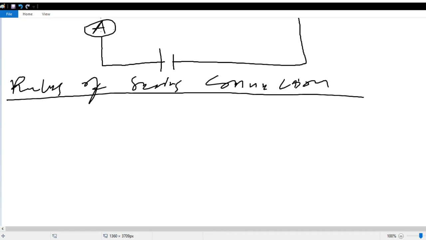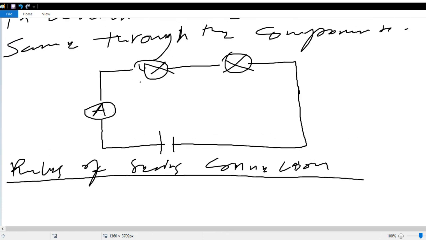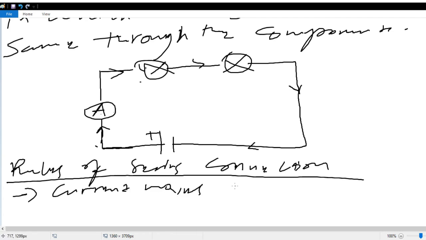If we check here on the diagram, current will be moving from positive, going this side. As you can see, it moves in one direction, it won't be moving in two directions. So current moves in one direction.